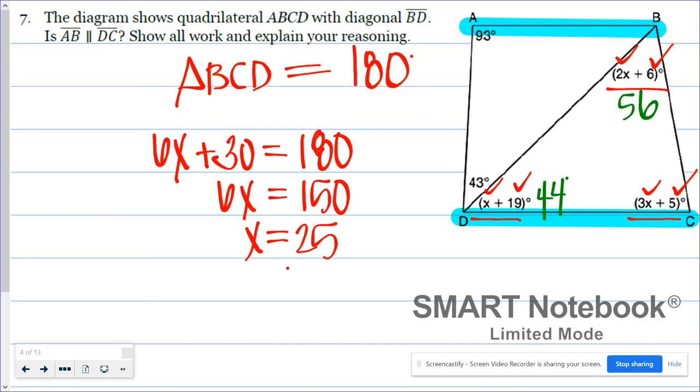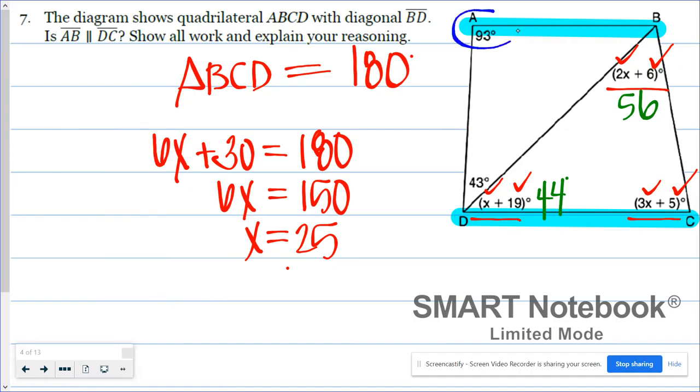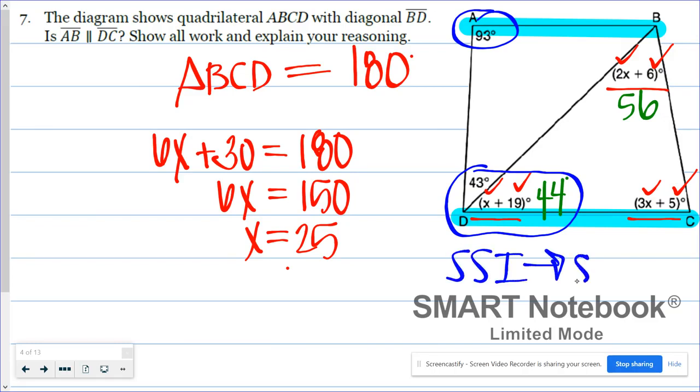Okay. And so there are 2 ways that we can determine parallel. I mean, using the angle measures thus far, if you look at these angles together, right? Because if AB is parallel to DC, then same side interior angles would be supplementary, right?